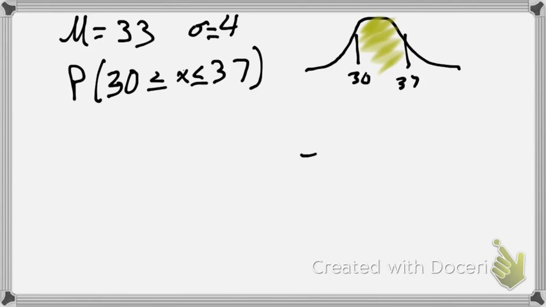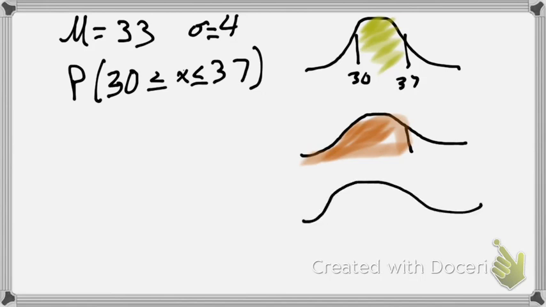So if I want to find this, the easiest way for me to do it would be to look at the 37, which is going to go all the way up to here, right? 37 is going to cover that much. And then if I take away 30, 30 is here. If I take that 30 away, notice how if I subtract these two things, that's going to leave me with exactly what I want to see in the middle right here. That's going to give me my value.